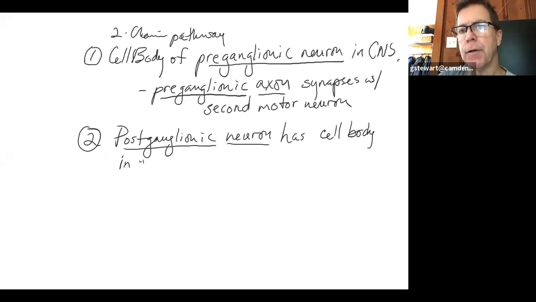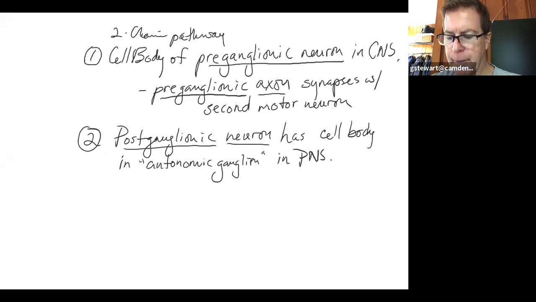This is just called an autonomic ganglion in the peripheral nervous system somewhere. That postganglionic axon then is what reaches to the effector.